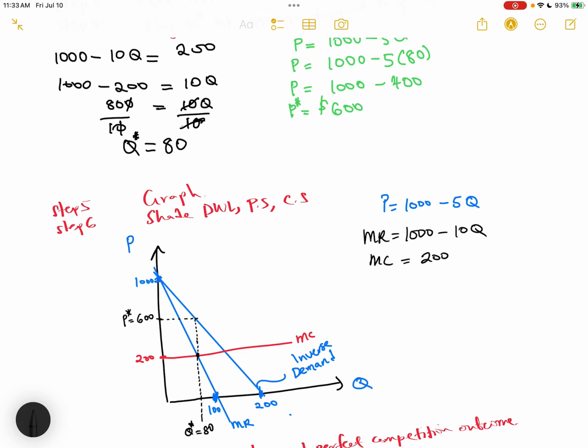We projected a vertical line through that intersection. Where the vertical line crosses the quantity axis, we read that off as Q star equal 80. And where it touches the demand curve, we read that off the price axis and find P star equals 600. That's what we've just done.